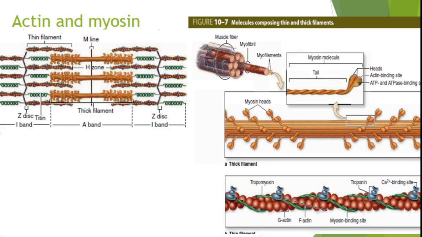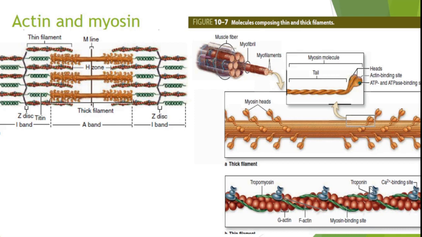Palakihin natin yung actin and myosin. Yan. So, from this one, yan. So, your thin filaments is composed of tropomyosin, G-actin, F-actin, troponin, and calcium binding sites. So, myosin and binding site. Okay. So, yung two regulatory protein ng thin filament ay ang tropomyosin and troponin.